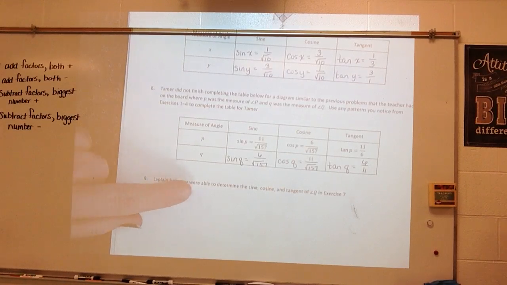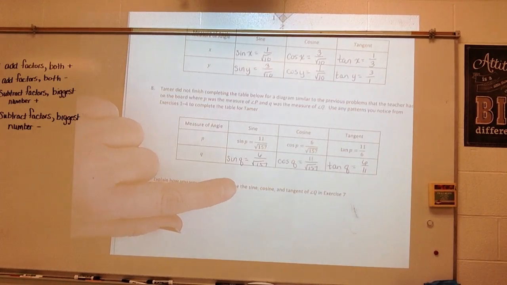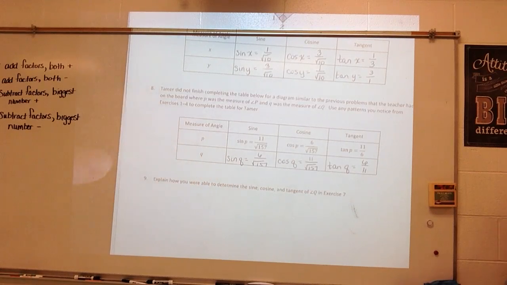Explain how you were able to determine the sine, cosine, and tangent of angle Q in exercise 7. So we're just going to write what we said.